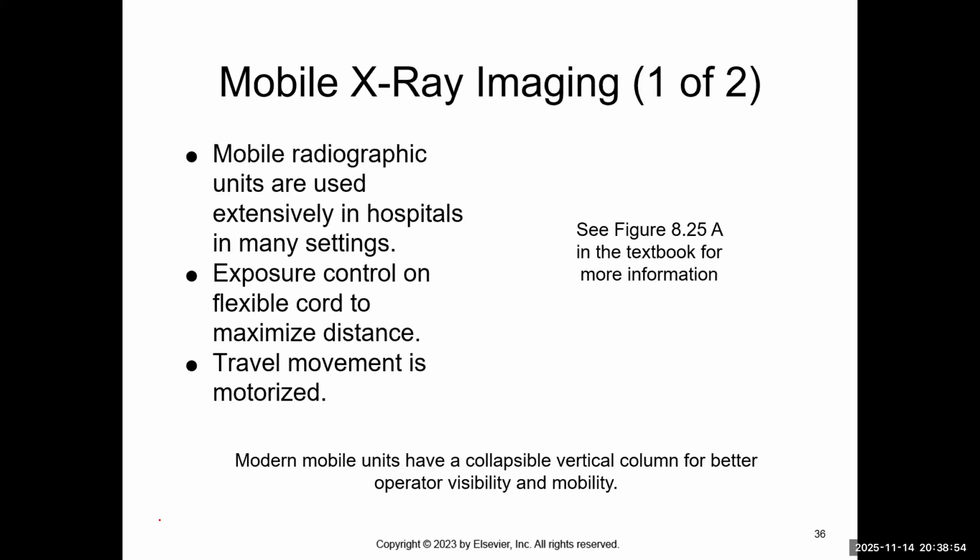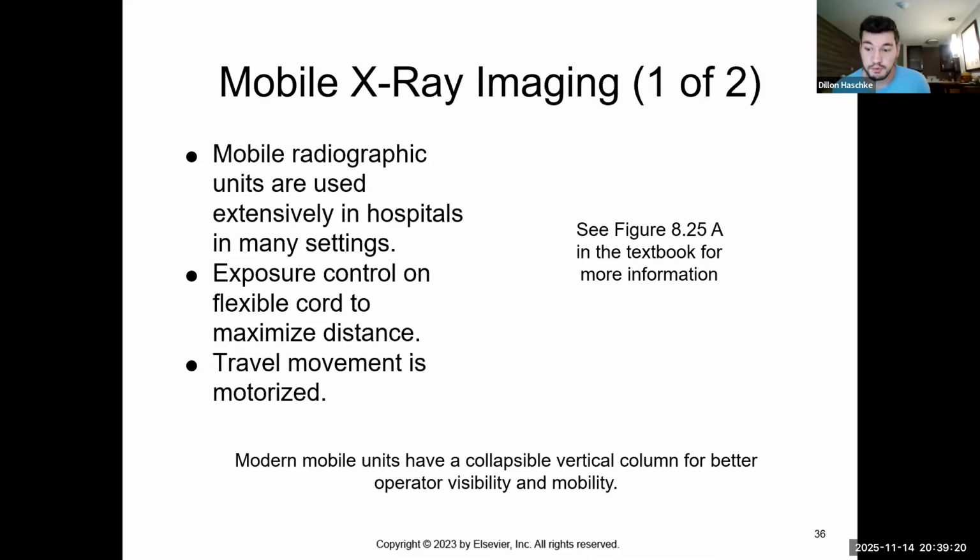All right, mobile X-ray imaging. So going back to the top of my list, let's go with Dylan. What does a mobile unit mean to you based on your readings and your research?